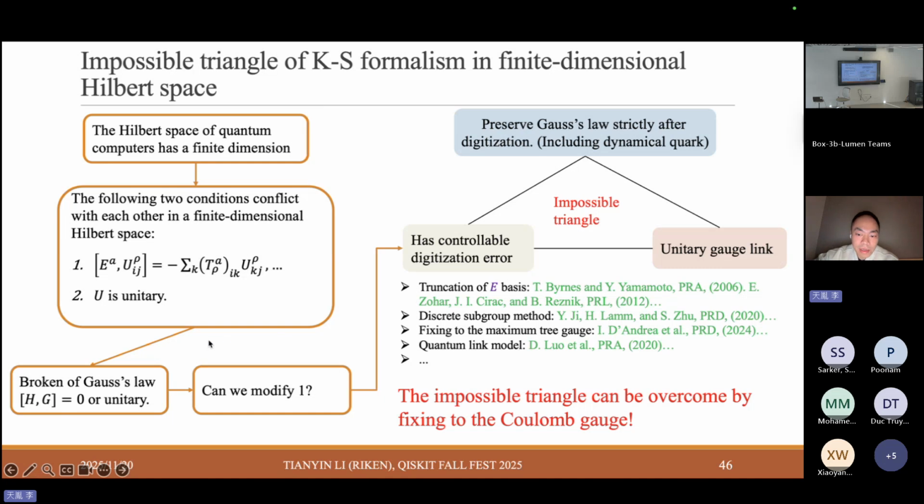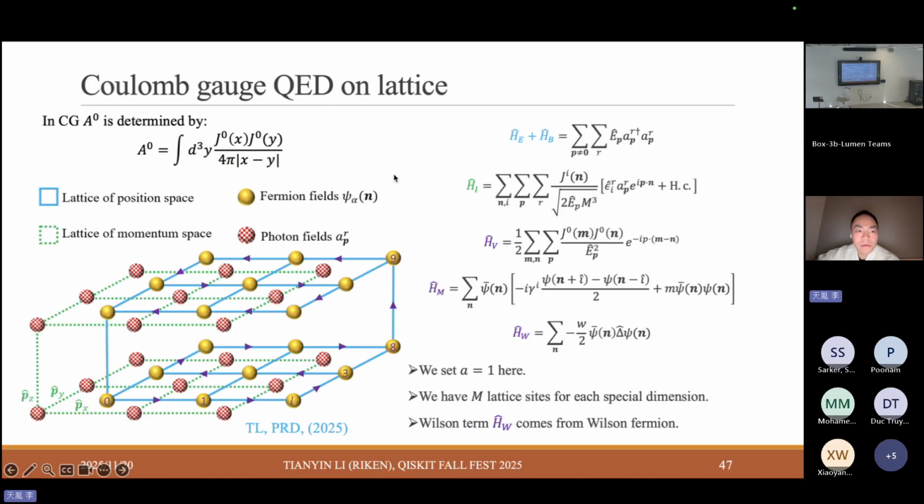Yeah, we can find that this impossible triangle can be overcome by fixing to the Coulomb gauge. So we propose that we can do some gauge fixing instead of not choosing any gauge.